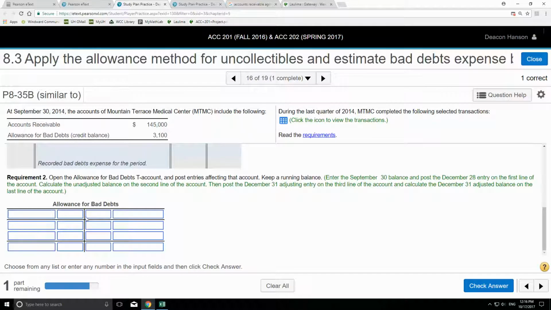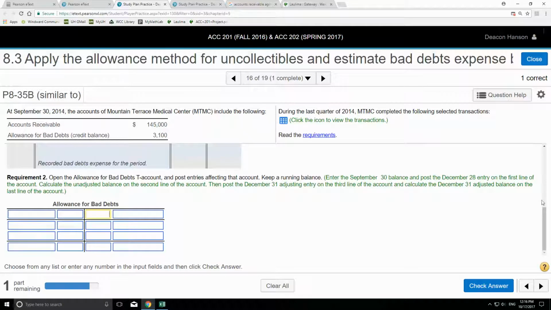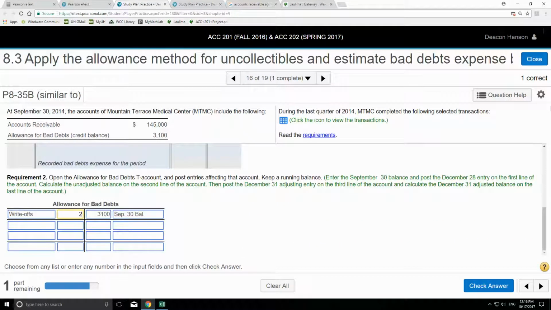Now they just want me to do what I just did in Excel. So we'll put the postings in. We got a beginning balance of 3,100. That's our September 30th balance. Then we had some write-offs, right? So write-offs equated to 2,100. And then I think they want to take an unadjusted balance of 1,000, right? Unadjusted balance. Then we make an adjustment.